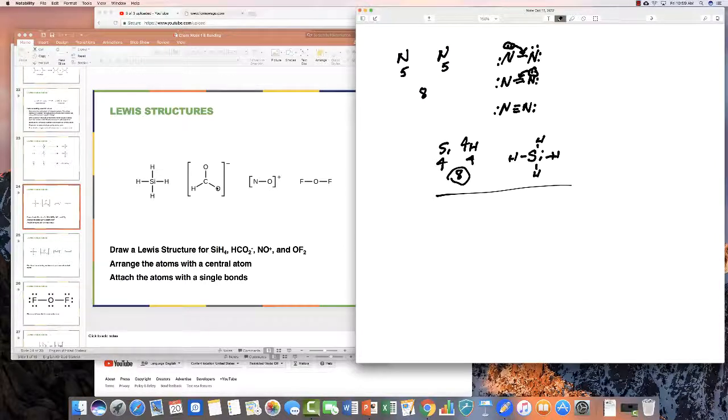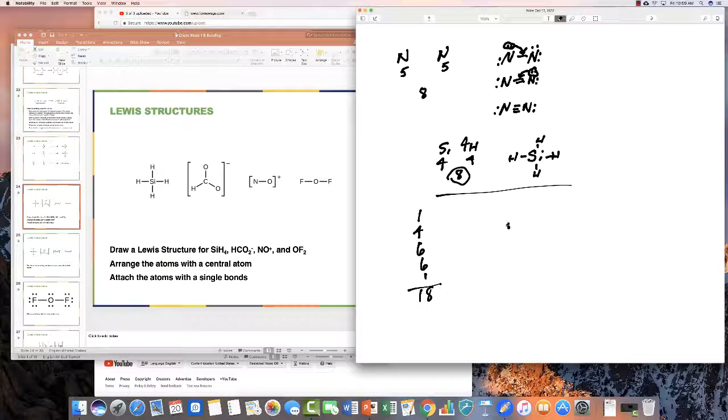Now remember, with a negative ion you have to add 1, so you have hydrogen, which is 1, you have carbon, which is 4, oxygen, which is 6, and another oxygen, which is 6, and then it has a negative charge, so that's 1 more. So that's a total of 18 valence electrons.